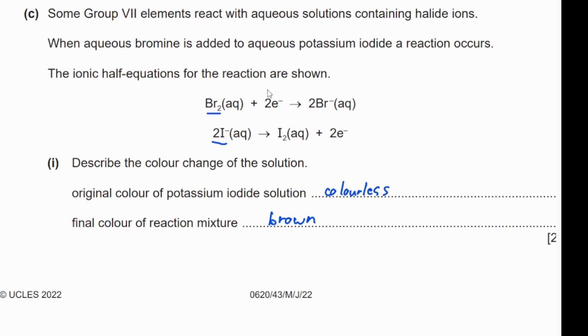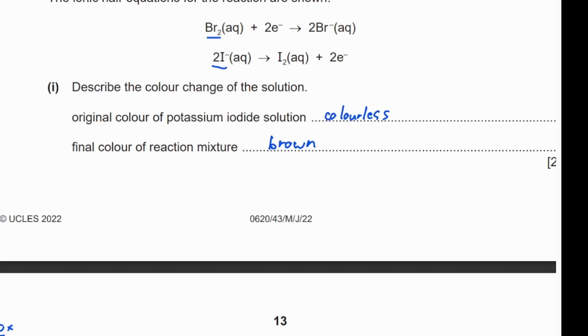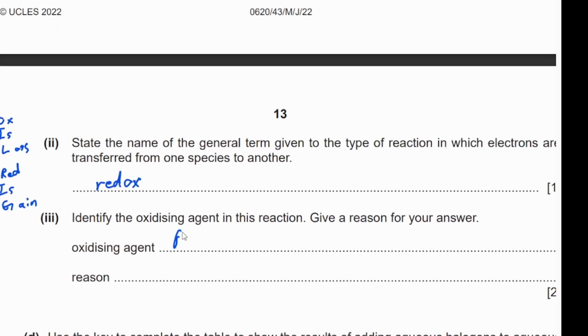So therefore, the bromine gains electrons to form bromide ions. Therefore, the oxidizing agent would be Br2, because Br2 is reduced, or you can say gains electrons. Okay.